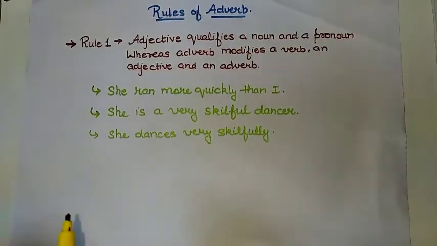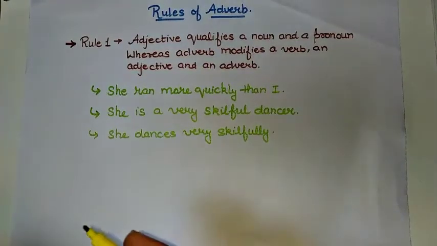The first rule is something which I have already told you in the lesson of adverb. That is, an adjective qualifies a noun and a pronoun, whereas an adverb modifies a verb, an adjective, and an adverb. It means an adverb is not actually doing something, but it is modifying a verb.